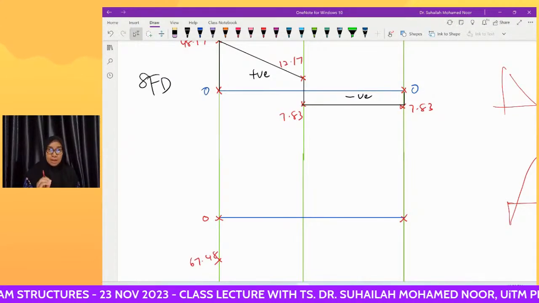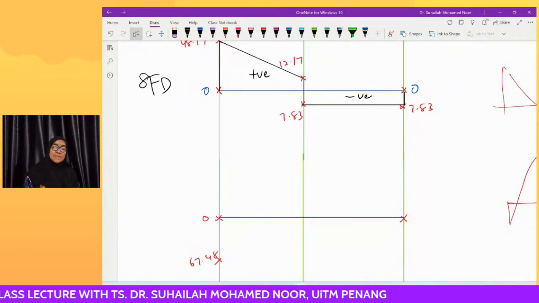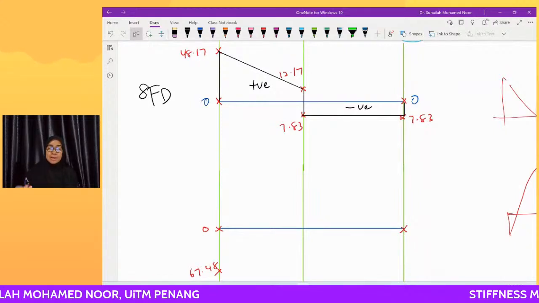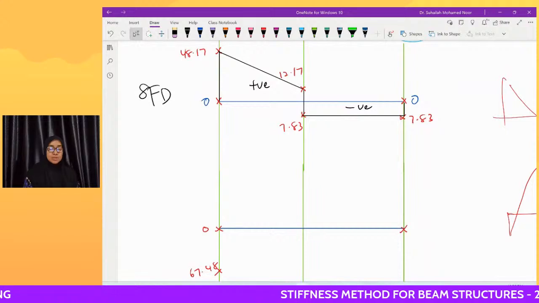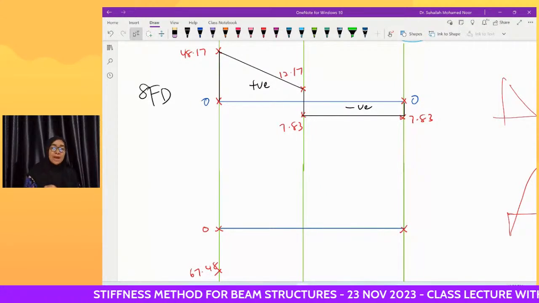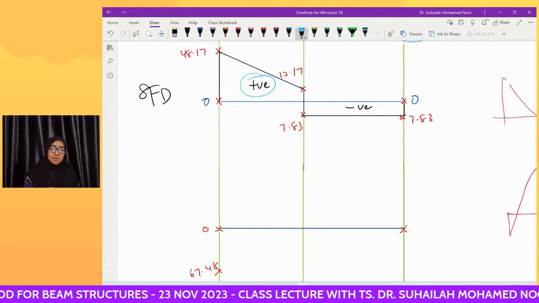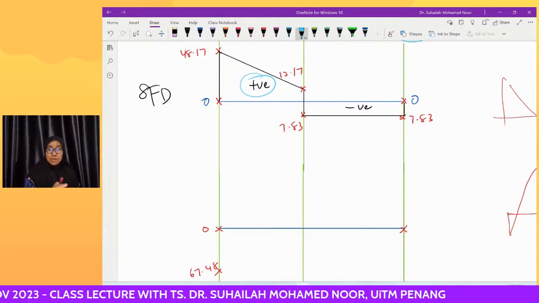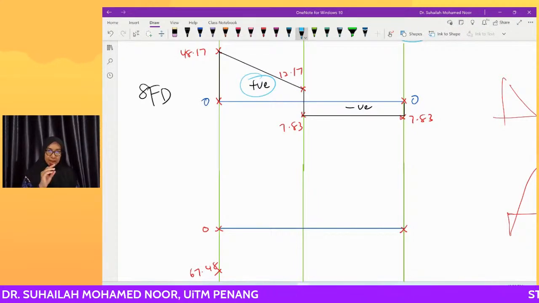What we need to do after this is find the area of the trapezium to get the next value at point B. We start with negative 67.48 and we add the area, because it is a positive shear force diagram.